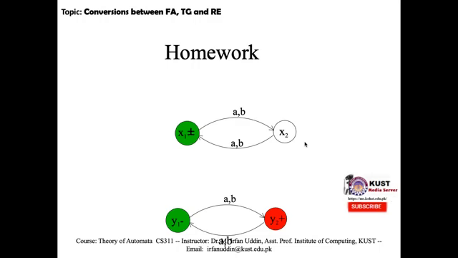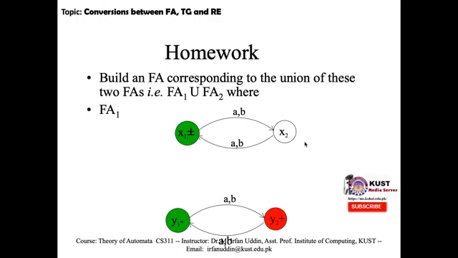In the last lecture, I gave you a homework. It was to build an FA corresponding to the union of these two FAs, that is FA1 union FA2, where FA1 is given below, FA2 is given below.